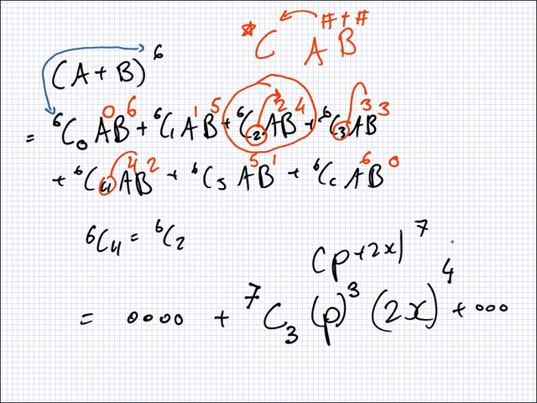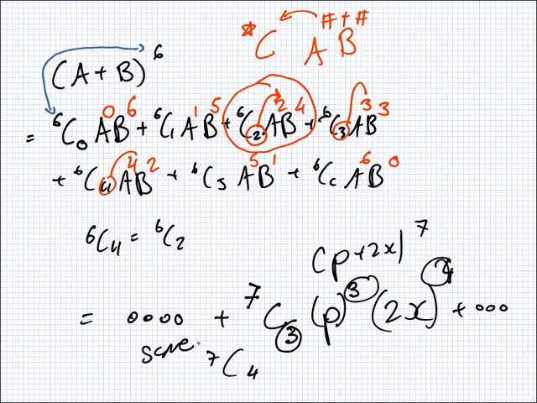Ben, is it clear? It's not clear. But you just said the number under C must be the x. No, I didn't say that. I said the number here must be this or this, and it doesn't matter because 7C3 and 7C4 are the same number.